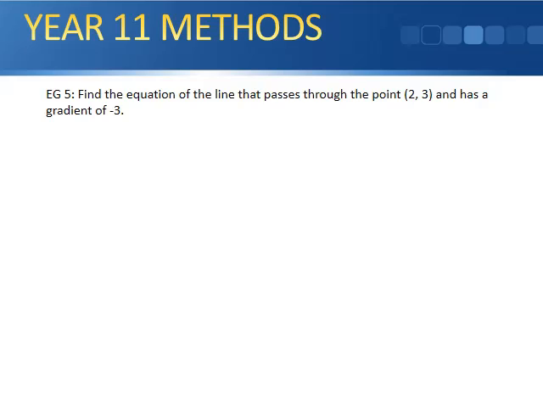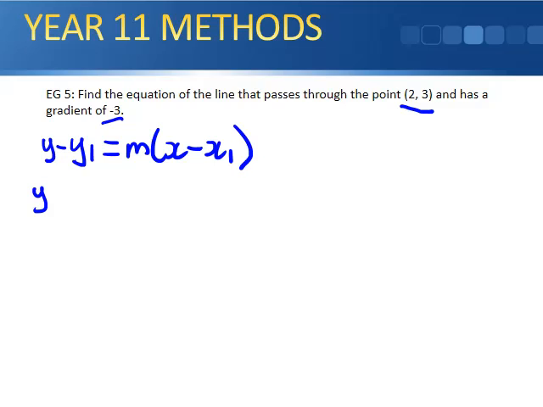Example 5. Find the equation of a straight line. This time it passes through this point here, and it has the gradient over here. So we can use the y minus y1, and I'm going to use that one because I've done enough with the other one. But it doesn't matter which one you use, I won't mark you wrong.